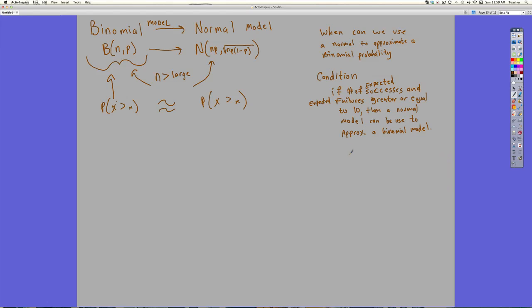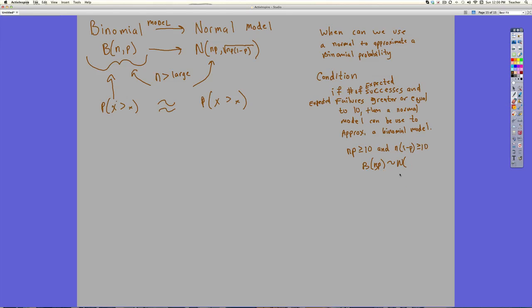The expected successes is always n times p. So if n times p is greater than or equal to 10, and expected failures, n times 1 minus p, is greater than or equal to 10, then the normal approximates the binomial.